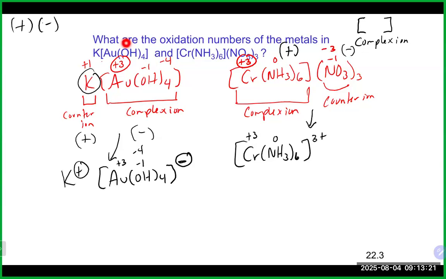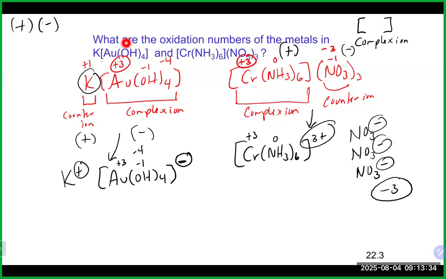That's also why when we look at the counter ion in this case, we have not just one nitrate, not two nitrates, but we actually need three nitrates there, again, to counter that +3 charge. So that is why we end up with the three nitrates on the right-hand side here as our counter ion in this case. And again, just based on the location of each of those in the formula, you'll know really if your complex ion or counter ion is positive or negative. And again, you could have either one in either situation there.